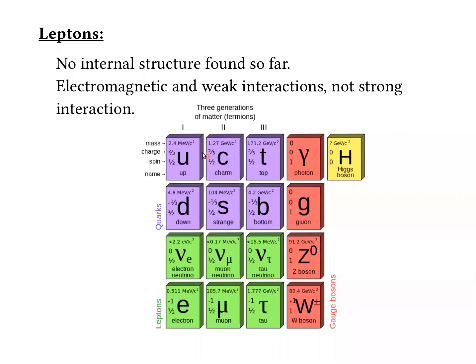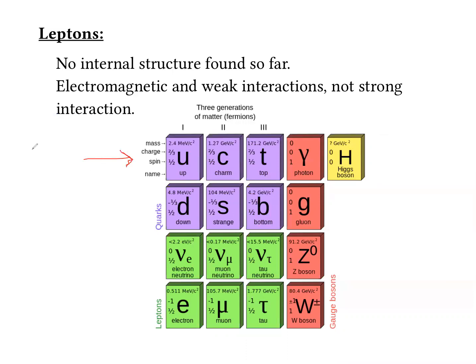So 6 quarks, 6 leptons, and the photon is the force carrier of the electromagnetic force. The gluon is the force carrier of the strong force, and the W plus, W minus, and Z are the force carriers of the weak force. These force carriers are called bosons.